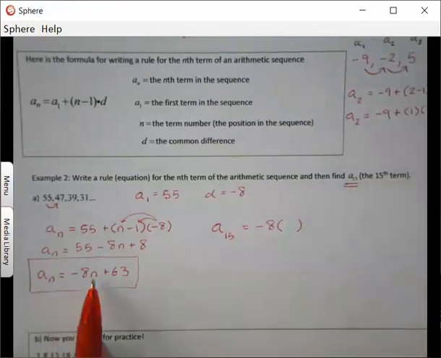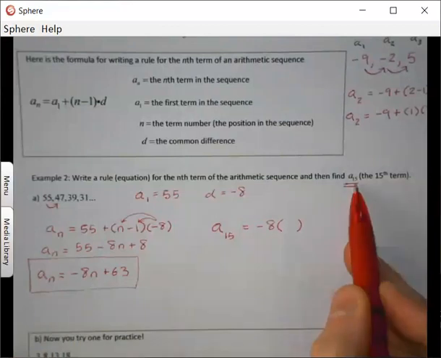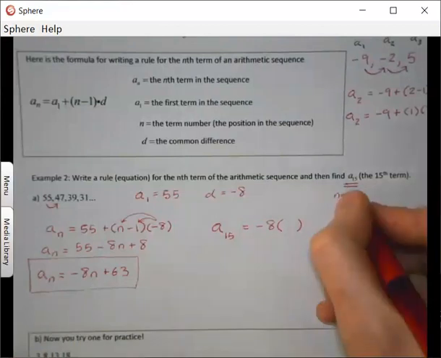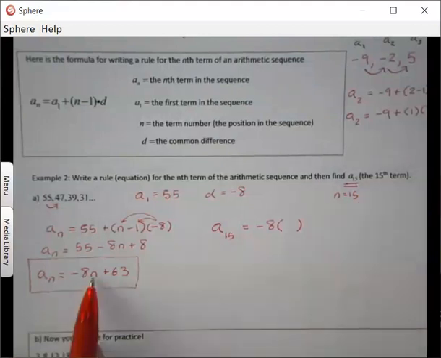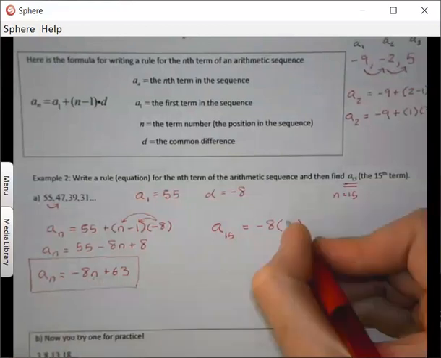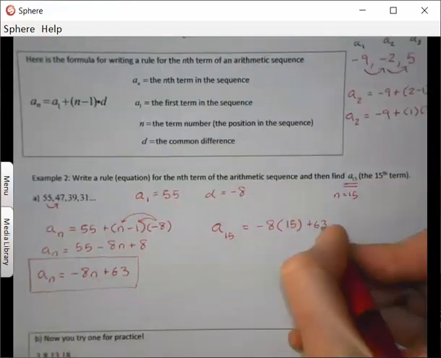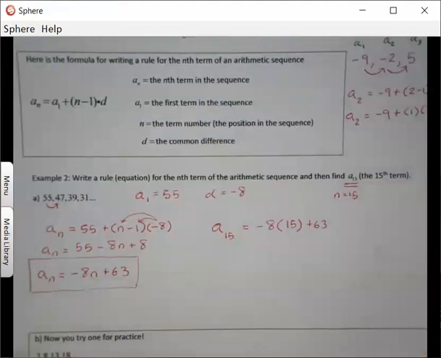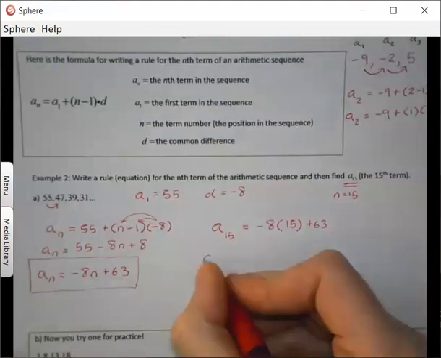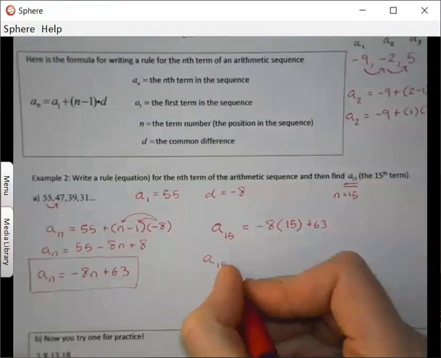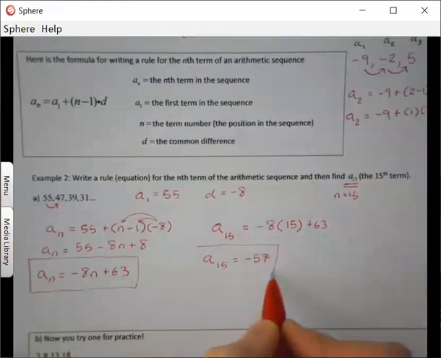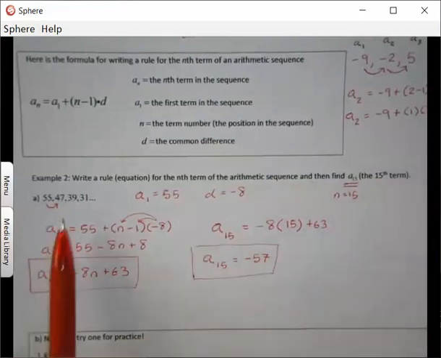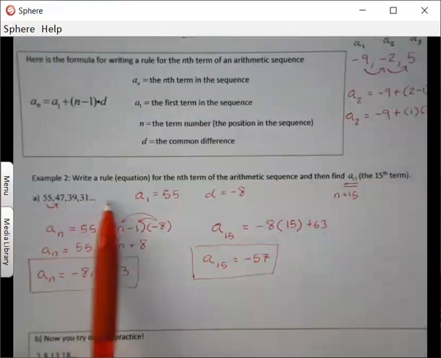But we know what n is. We want the 15th term. That tells us n is 15. So that n here will be the same as that n there. So negative 8 times 15 plus 63 will get us a sub 15 is minus 57. So if we continued with our common difference, the 15th term would be negative 57.